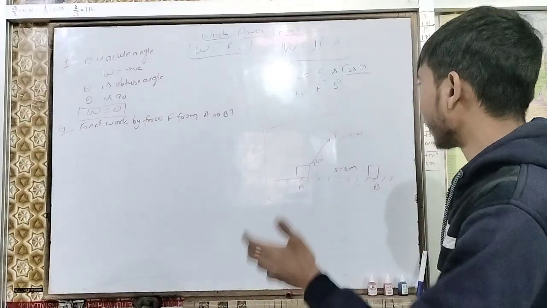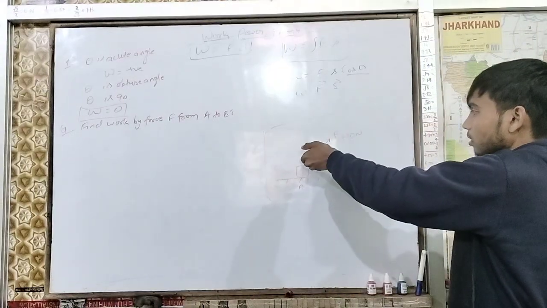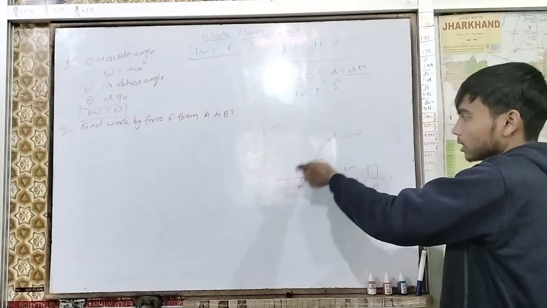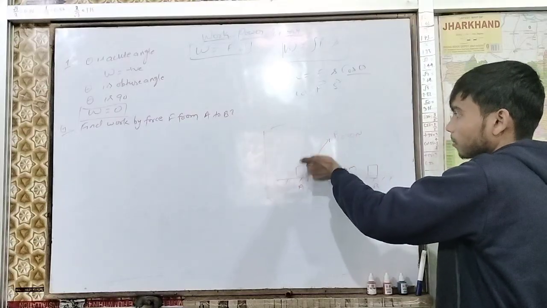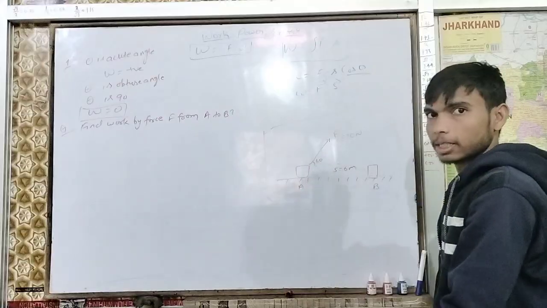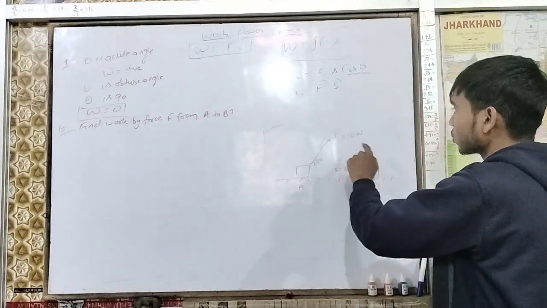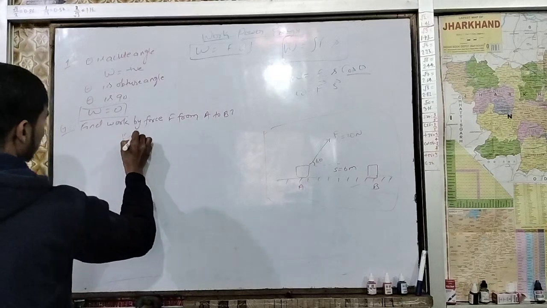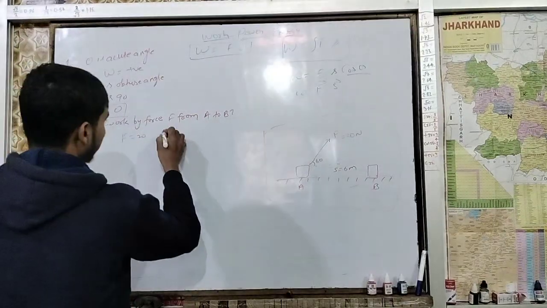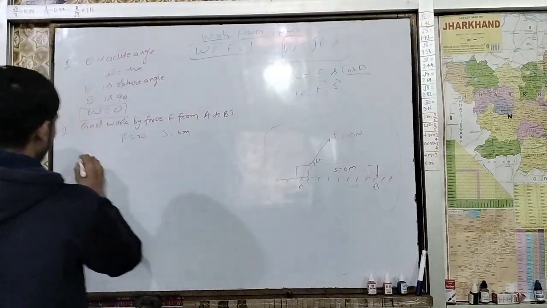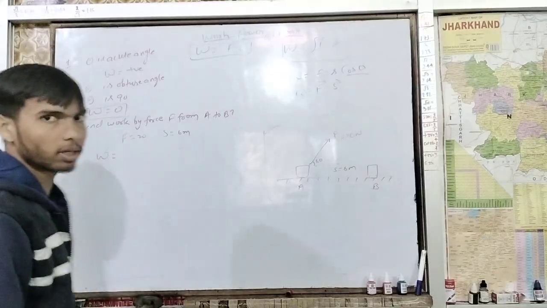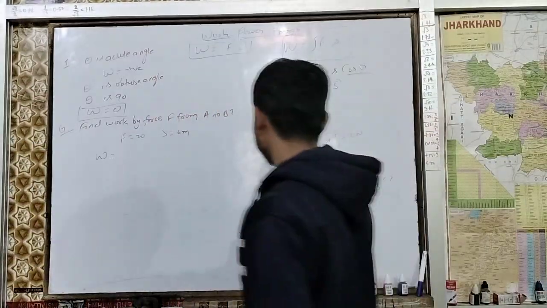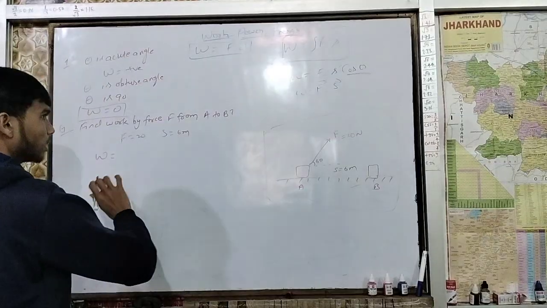And force was applied in this direction, meaning we pulled this object by making an angle of 60 degree. Force is given, which is 20 Newton, and S is also given, which is 6 meter. Can't you find work done by force? Yes, you can find. Even the angle is given.